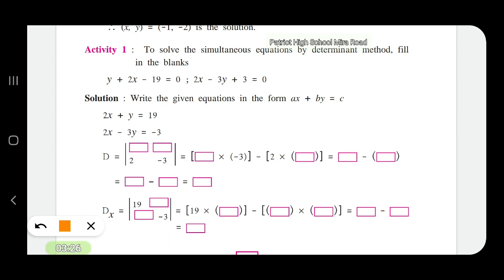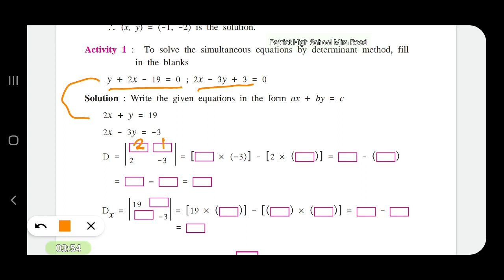Activity 1. To solve the simultaneous equations by determinant method, fill in the blanks. So these are the two given equations. Arranging them vertically, we have 2x plus y is equal to 19, 2x minus 3y is equal to minus 3. So determinant D. For finding the determinant D, we take the first two columns. So it will be 2, 2, 1, minus 3.